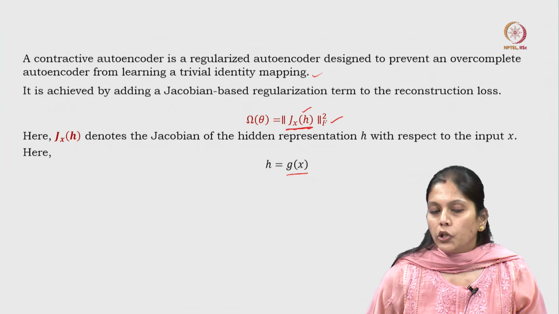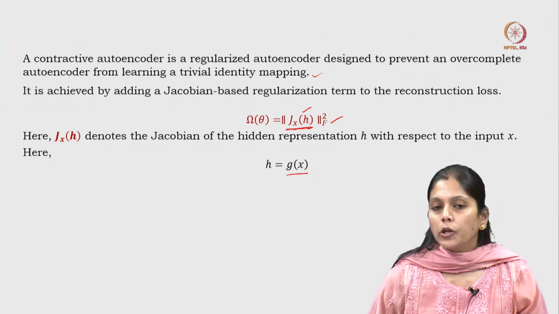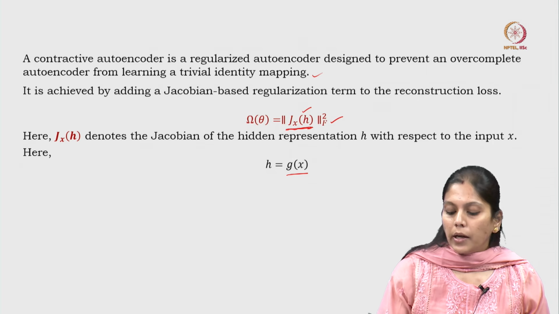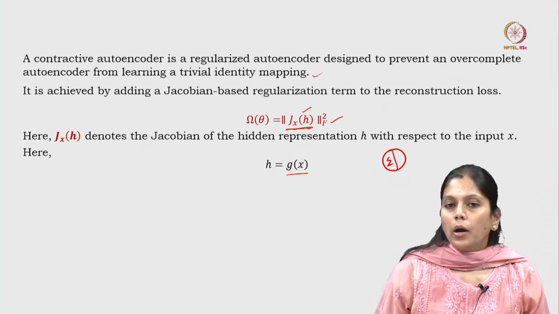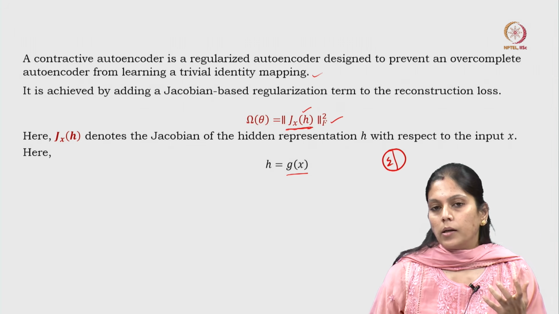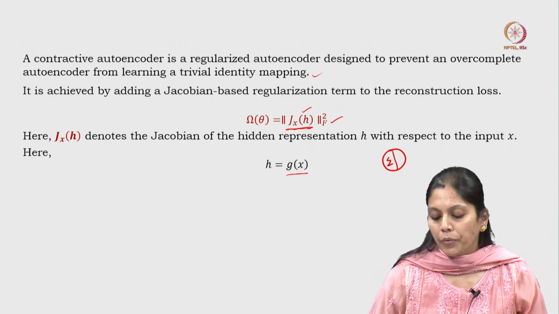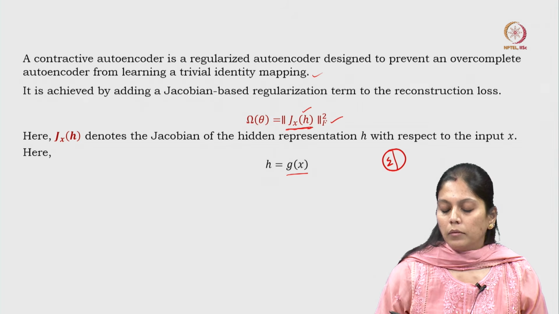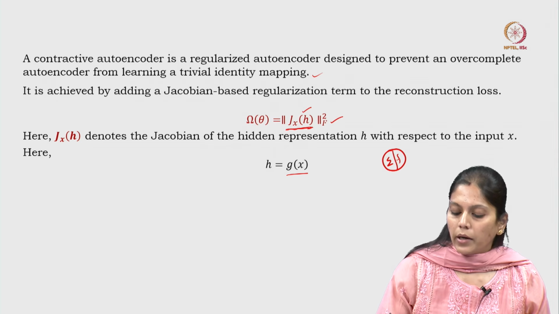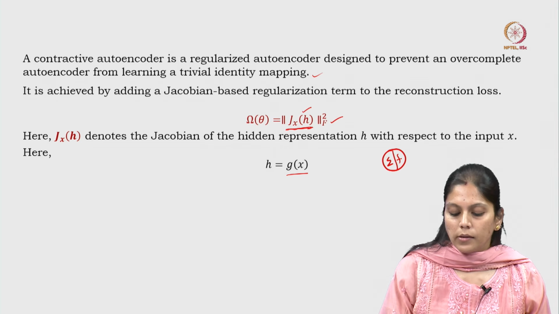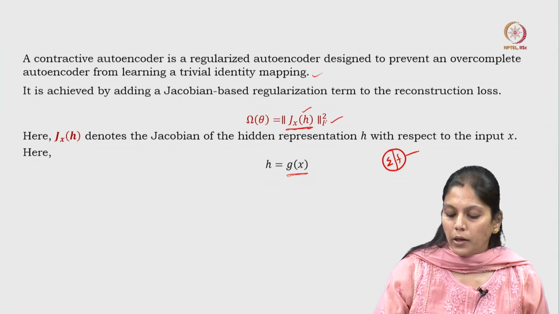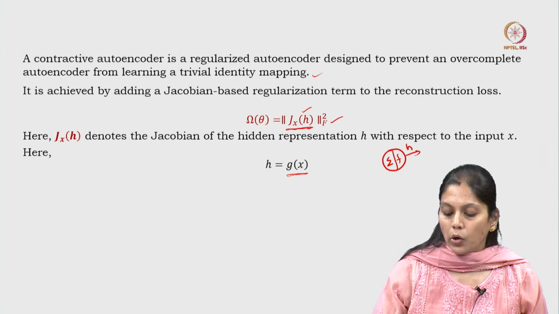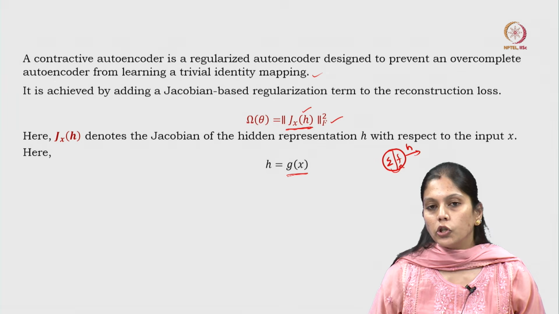Now, can you imagine what exactly this h is? The hidden representation: you first take the weighted sum of the input and then the bias. Then you pass it to an activation function.